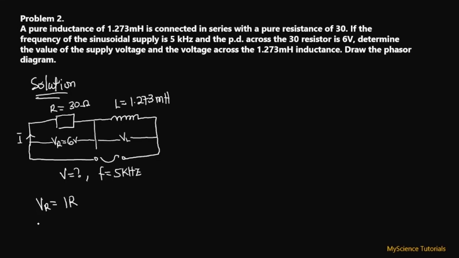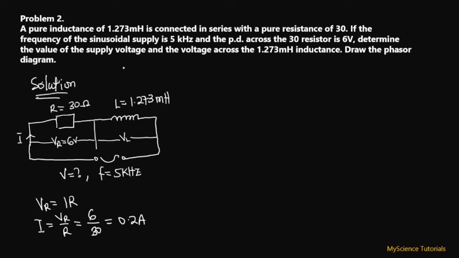So we make current the subject: I equals VR over R, which is 6 over 30. If we do the computation, we get 0.2 amperes as the current flowing through this entire circuit.